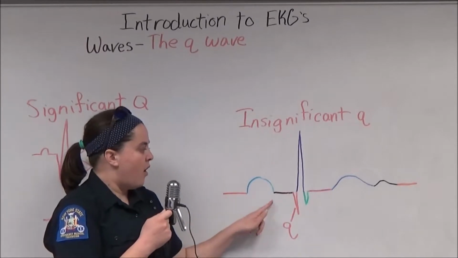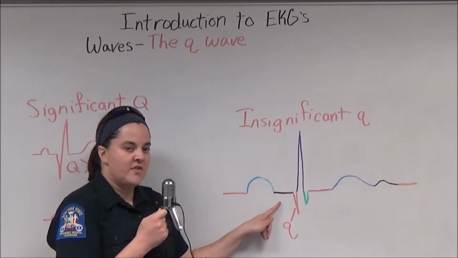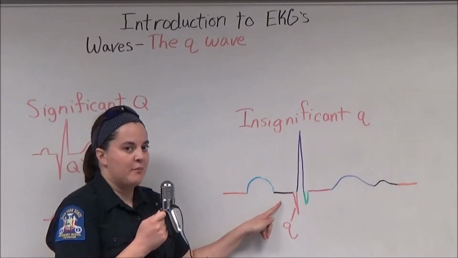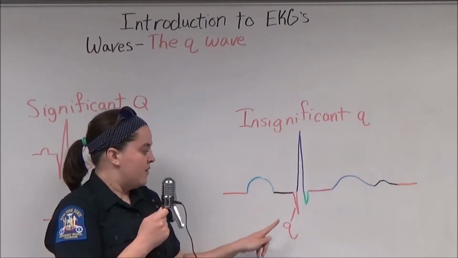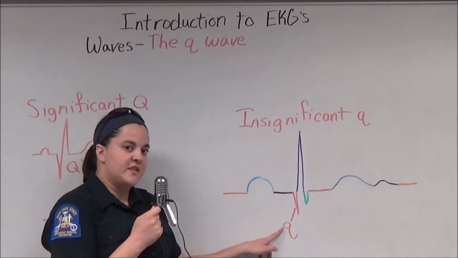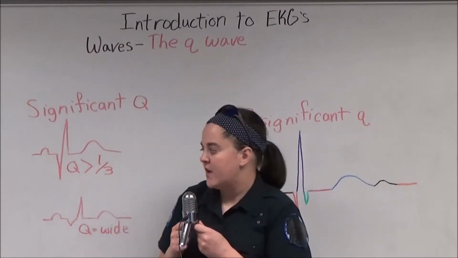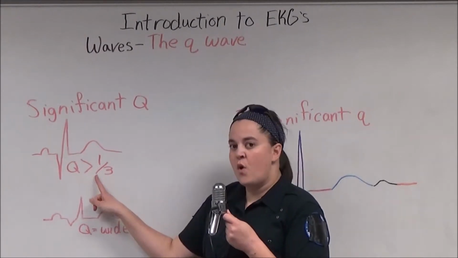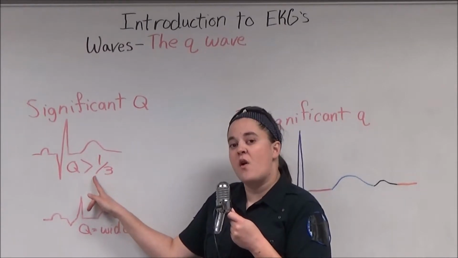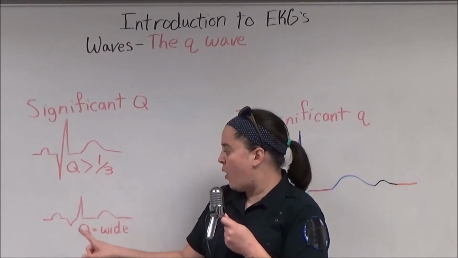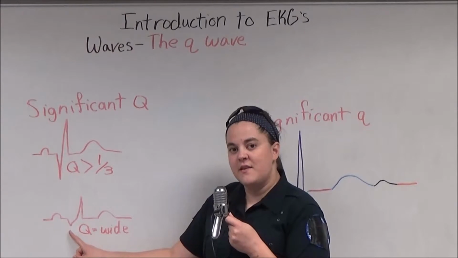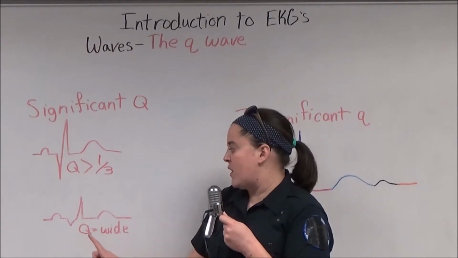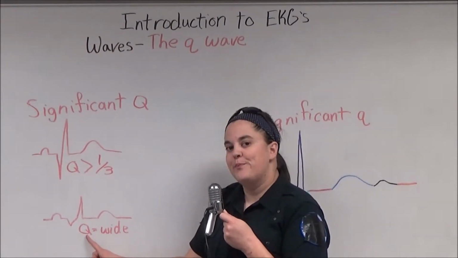Insignificant Qs are less than 1/3 the total height of the QRS complex, and they're represented by a lowercase q. Significant Q waves are either greater than 1/3 the total height of the QRS complex, or they're wide, and they're represented with an uppercase Q.